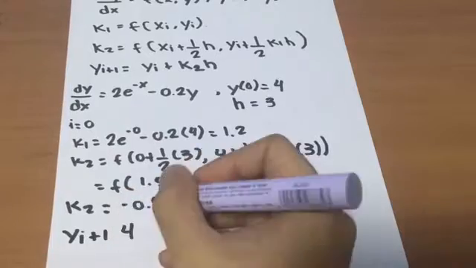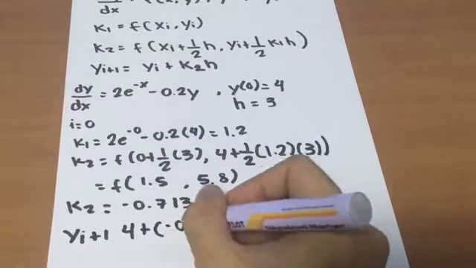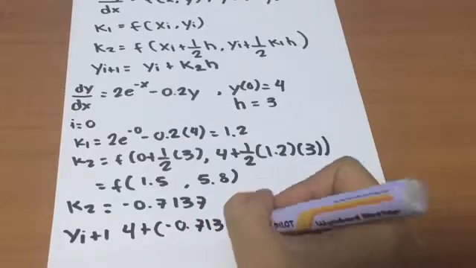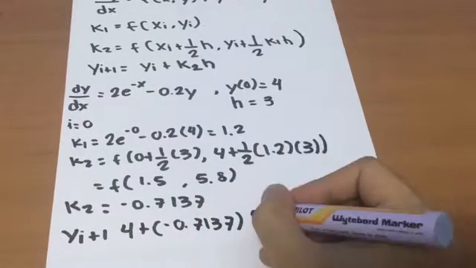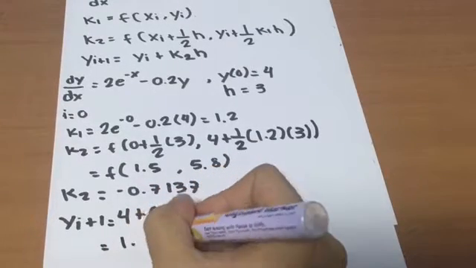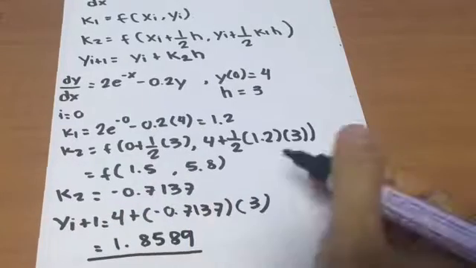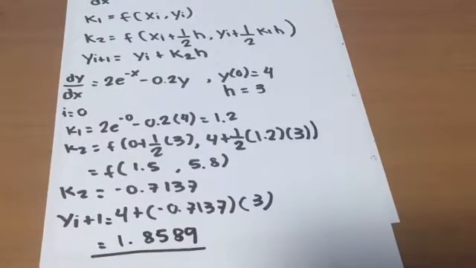So we directly substitute those values to our yi plus 1. So this would be 1.8589. So you can see that it is still far from our true value, which is 1.2.